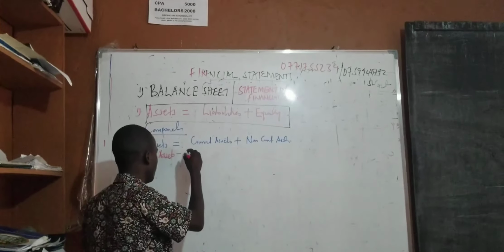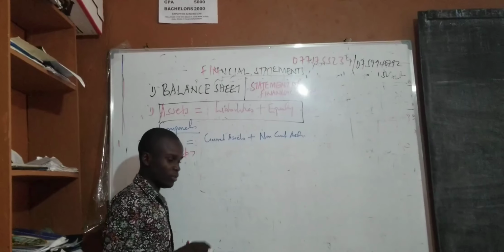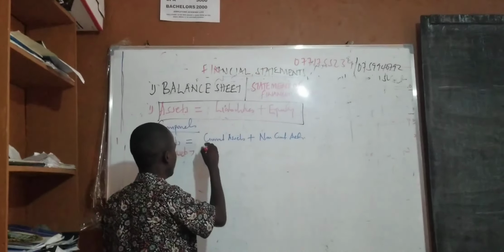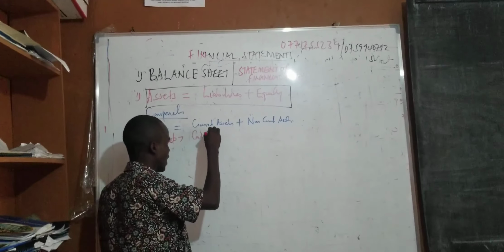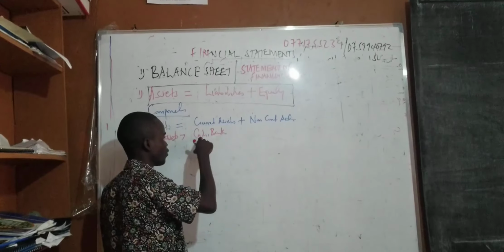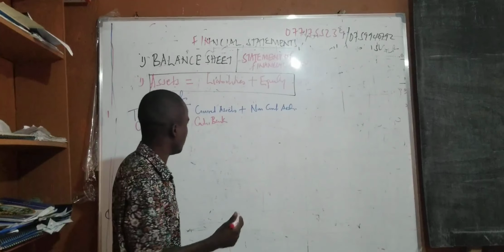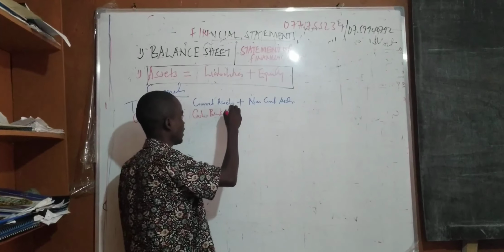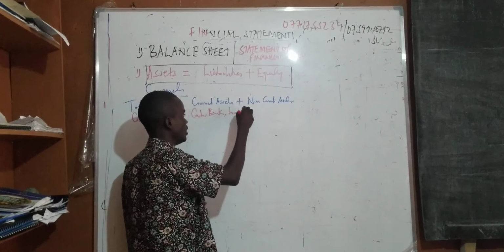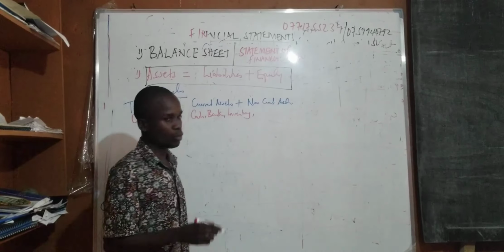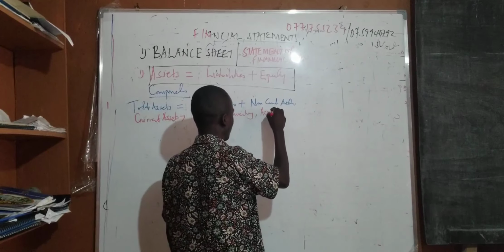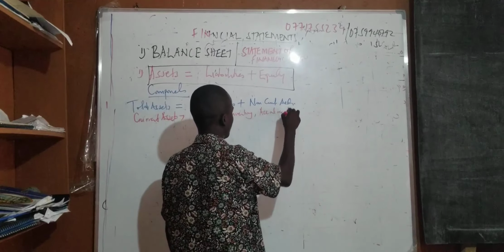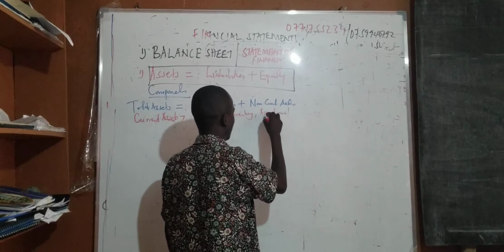For example, we mainly have 6 current assets. 1, cash, the amount of money you have in the business. 2, bank, your money in the bank. Then inventory, usually closing inventory, goods at the end of the year. Then accounts receivable, also called debtors.